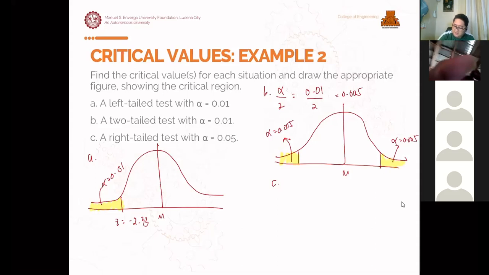We need 0.995. What is our z-score? For 0.005, it is 2.58. Okay? So we have 2.58 and negative 2.58.